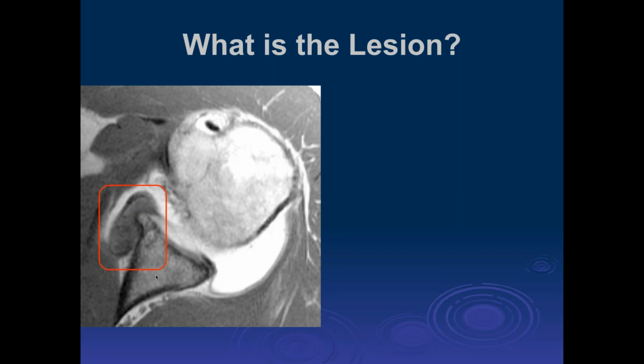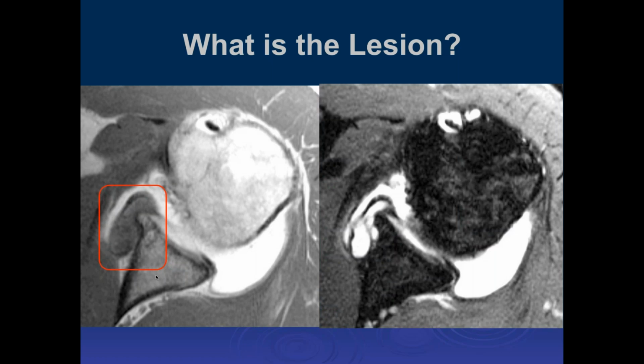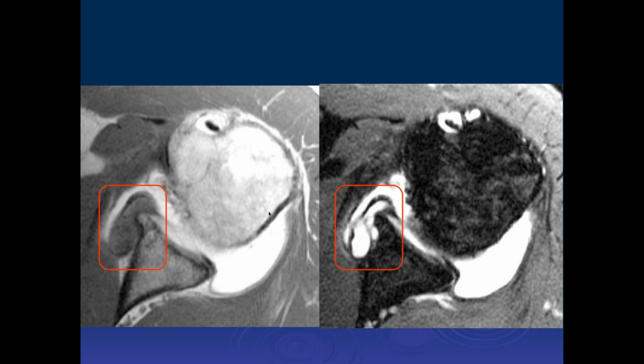So this is a T1 arthrogram, and here's the fat set that goes along with it. Okay, so there is avulsion of the capsule, and there is contrast getting into it. So it's going to be, let's see, Bankart spectrum.